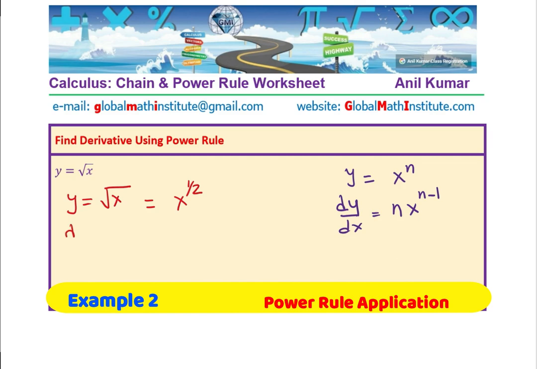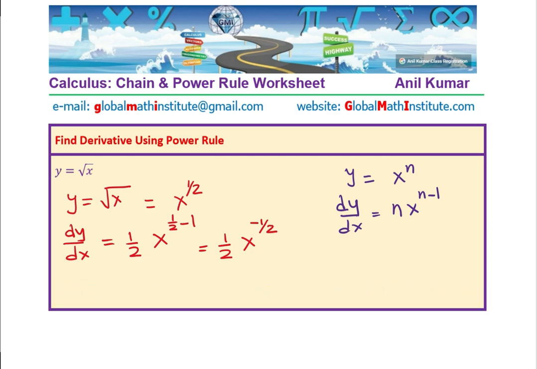Now, the derivative dy/dx will be the exponent, which is half, times x to the power of half minus 1. So that is half times x to the power of half minus 1, which is minus half. Now, minus half means I have to write it in the denominator.